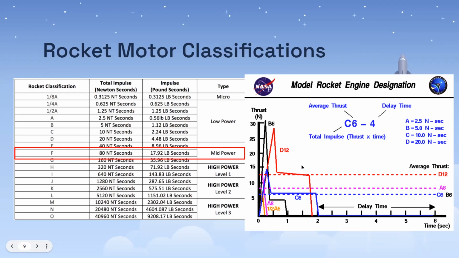But motors that are bigger than an F class require special certification. So these are what are usually known as level 1, level 2, and level 3 high power certification. And you need to get certified from the National Association of Rocketry or the Tripoli Rocketry Association. So that's the two governing bodies of national rocketry.